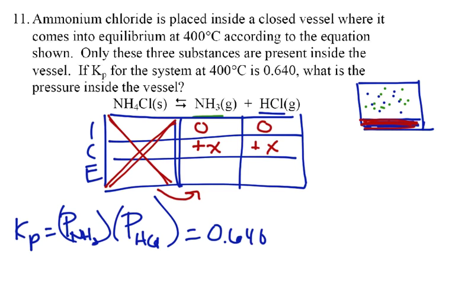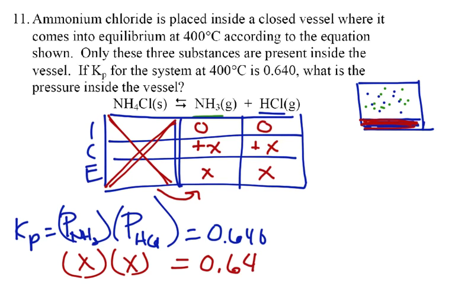There's no product in order to shift to the left, so it has to go to the right. So we're going to make x amount of each of those, so at equilibrium we'll have x and x. We substitute it in, so x times x equals 0.640. We're going to have x squared equals 0.640, take the square root of both sides, so x equals the square root of 0.64. That's easy stuff.